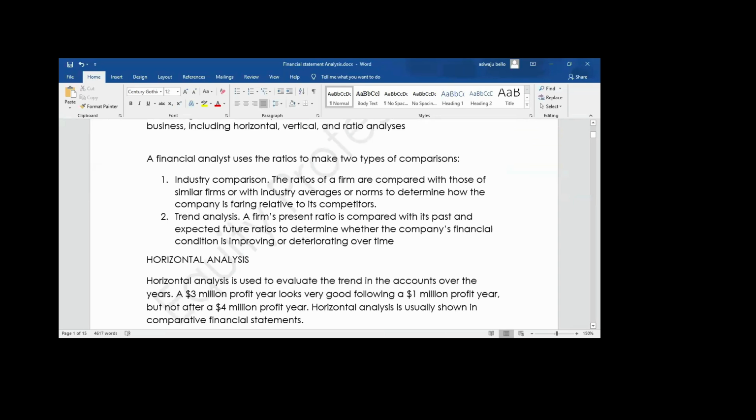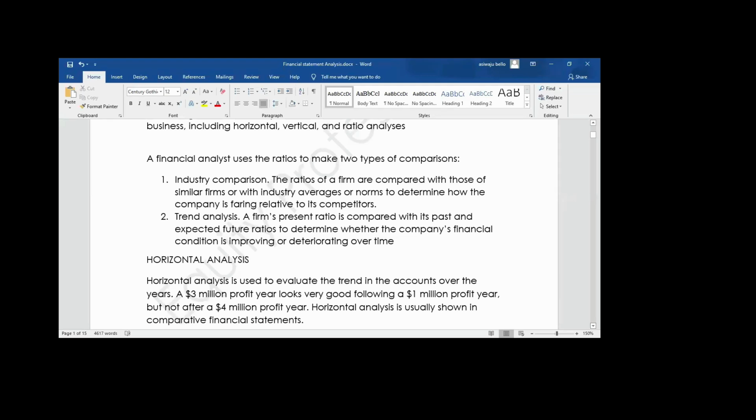When we say horizontal financial analysis, it's also called trend analysis, whereby you are going to compare the financial figure in one year with the financial figure in another year, with a view to determining the trend in that figure. It's also called trend financial analysis. We also call it line analysis.